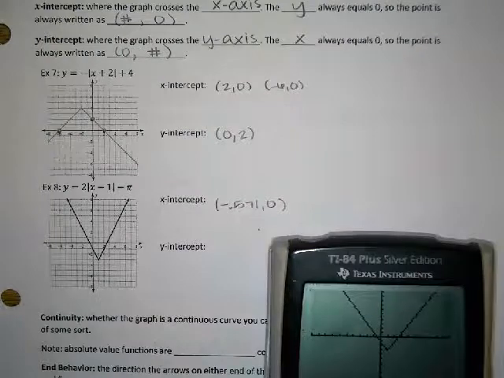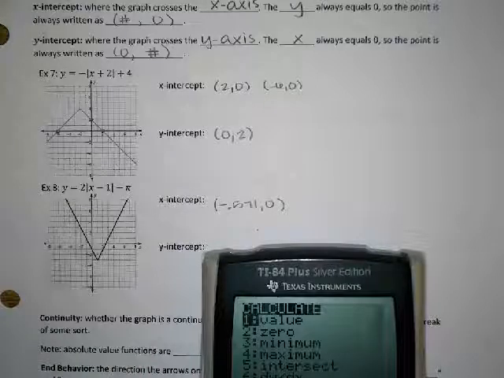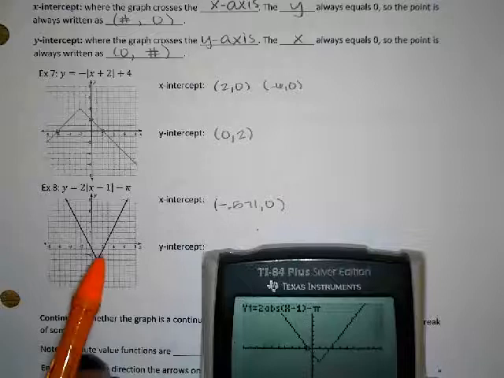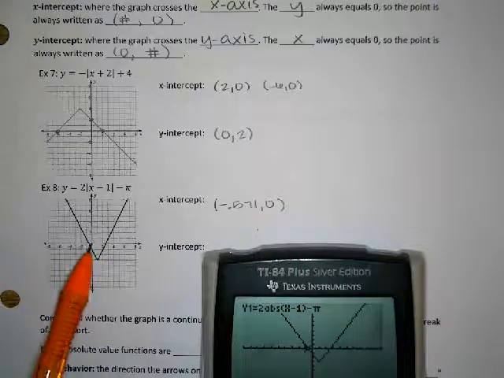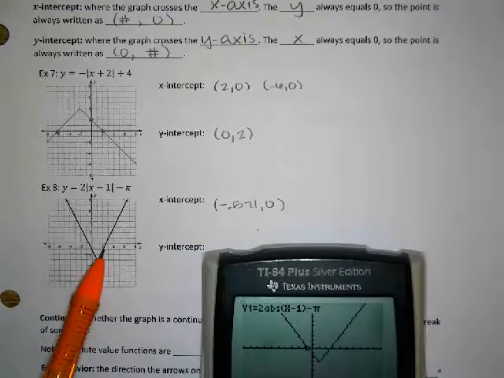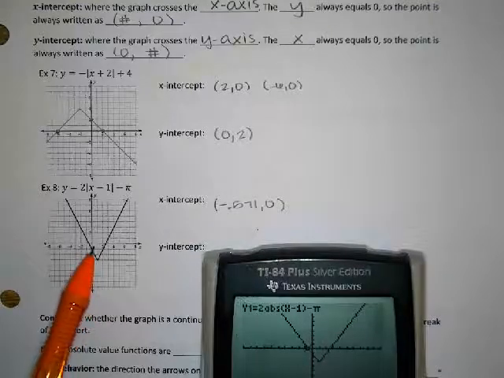All right, now to get the other x-intercept, I'm going to do the same thing again. So second trace, option number 2. Now this time, the second x-intercept is between like 0 and 5. I can see technically that the x-intercept is between 2 and 3, but you don't even have to be that accurate with it.